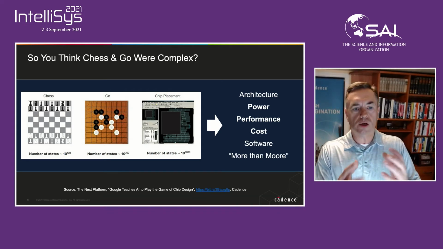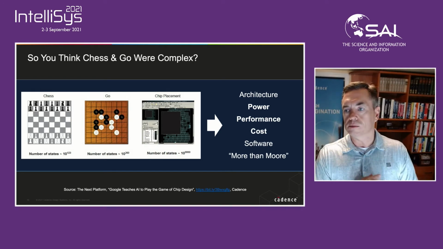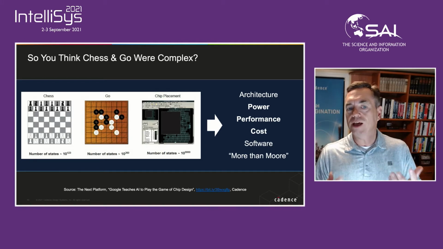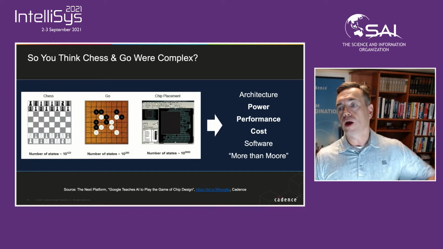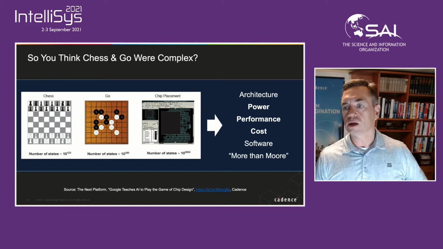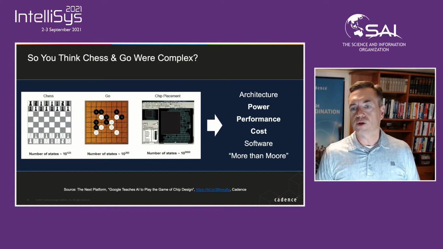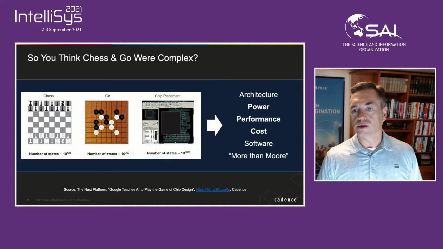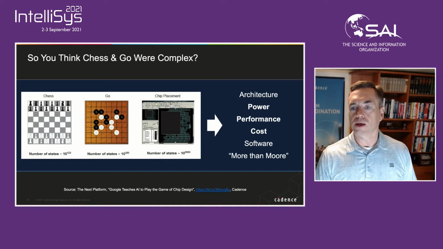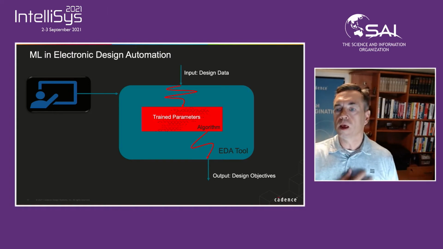You're constantly trying to balance the implementation based on those parameters, and then take into account the software, different architecture options, and more implementation options. So the state space is unimaginably big, if you will. So in comparison with Go and others, this is not an easy problem to deal with.